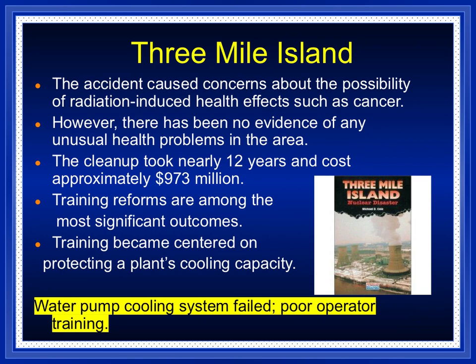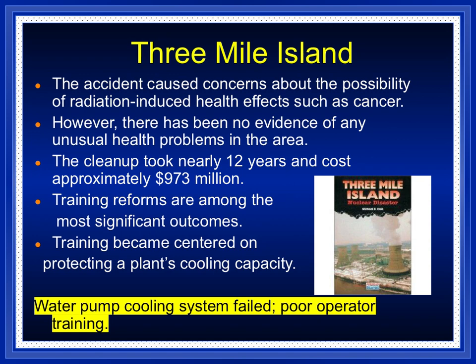The accident caused concerns about the possibility of radiation-induced health effects such as cancer. However, there has been no evidence of any unusual health problems in the area. The cleanup took nearly 12 years and cost approximately $973 million.